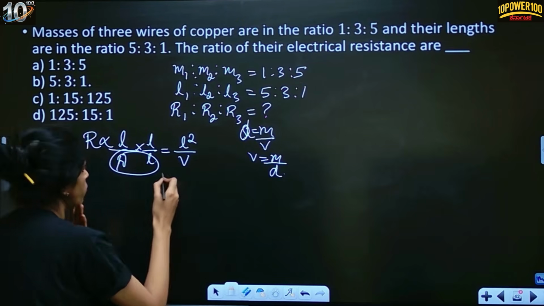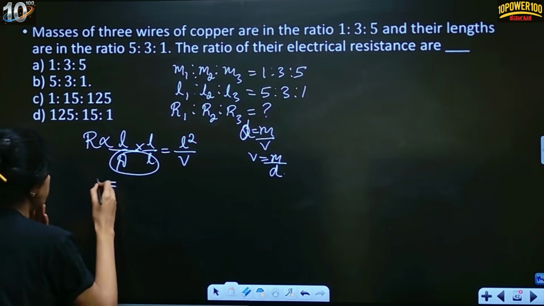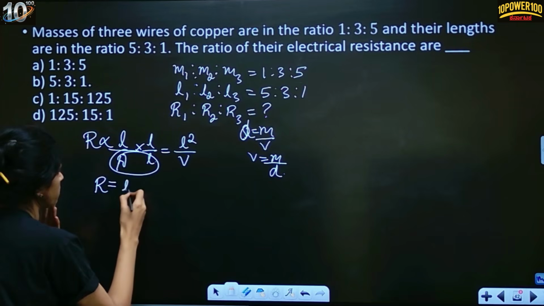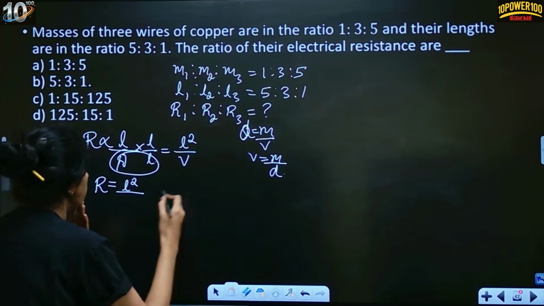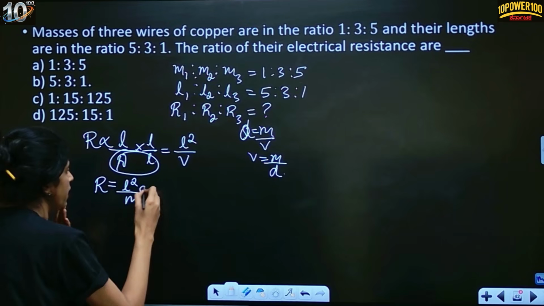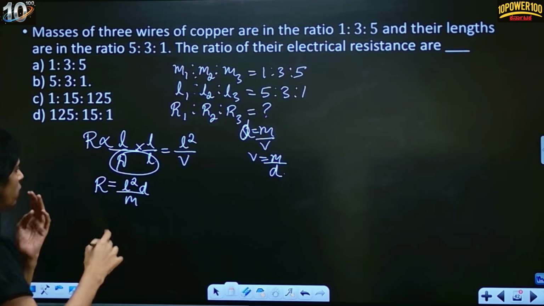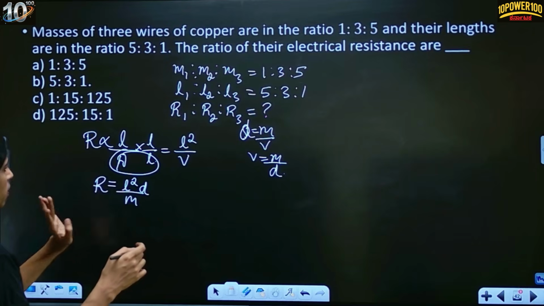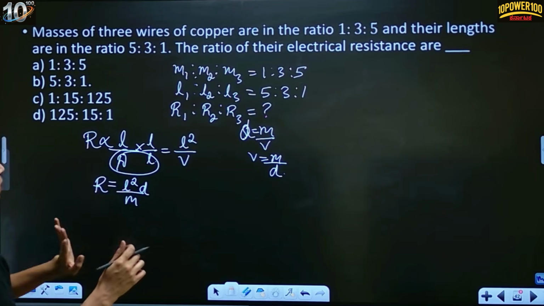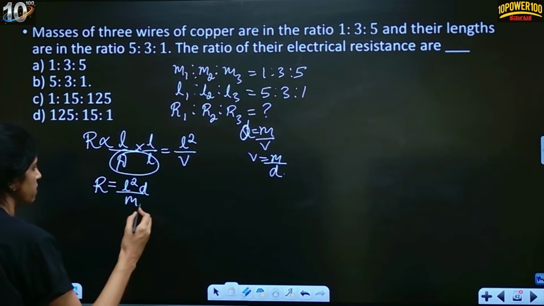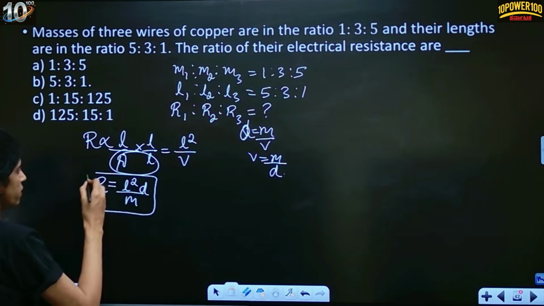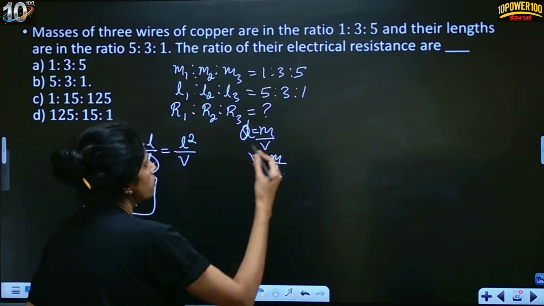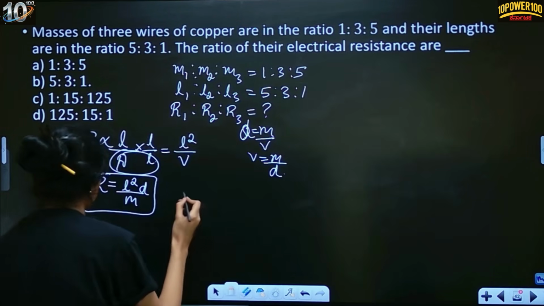So instead of V, you can write L square by V as L square by M divided by D. So I'll write like this. I think now it will be fine. So resistance is proportional to density times L square by M. Fine. So now take the resistance. Okay, this formula you can use now. So now for R1, let me write it over here.